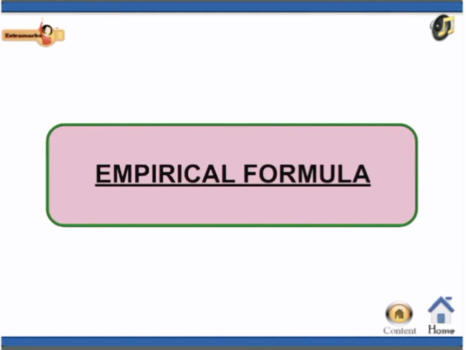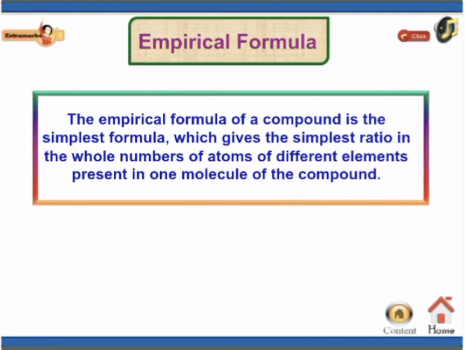Empirical formula. The empirical formula of a compound is the simplest formula, which gives the simplest ratio in the whole numbers of atoms of different elements present in one molecule of the compound.